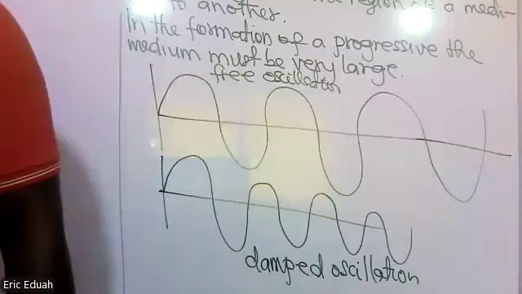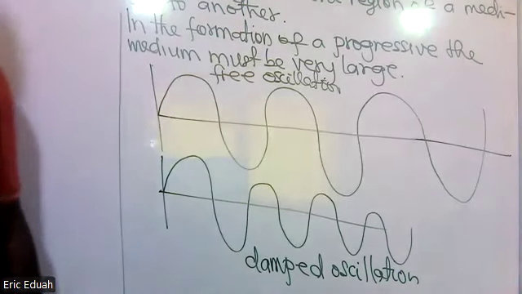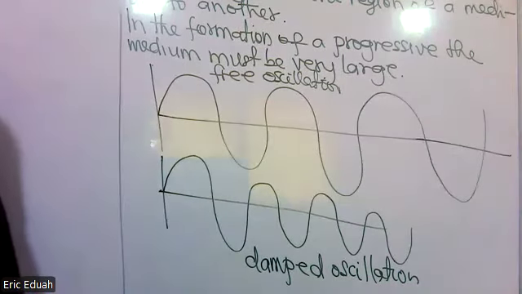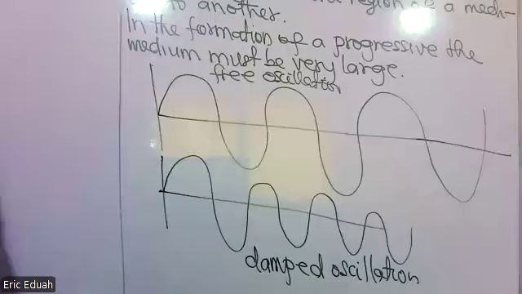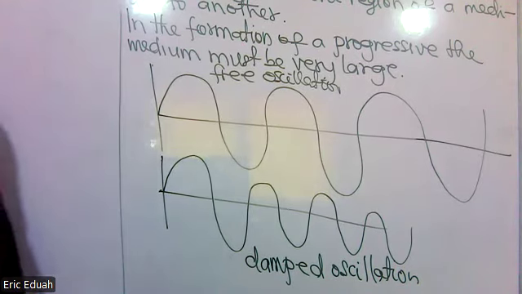Ask your question. So you said that a progressive wave occurs in a very large medium. I wanted you to give me an example of a very large medium. I said the ocean, the sea.